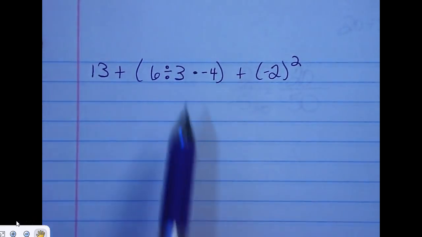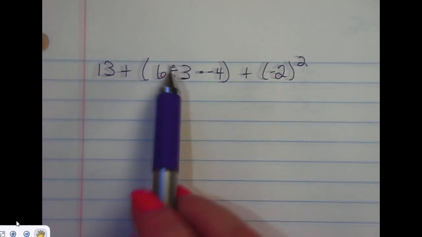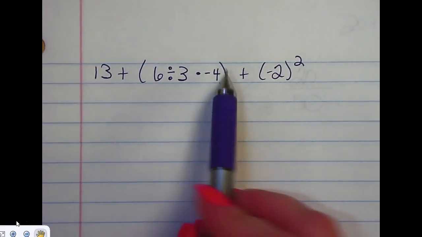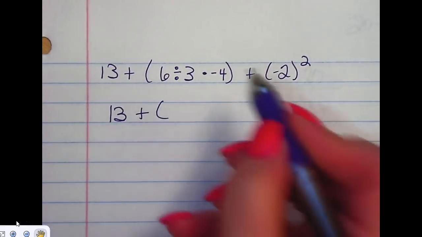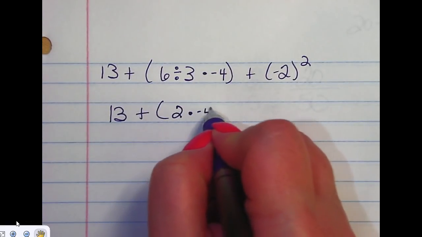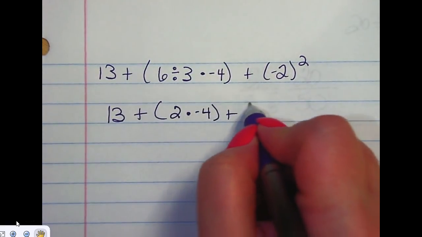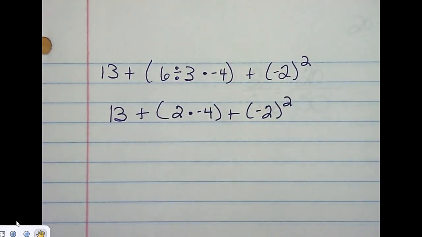So in the parentheses, we have divide and multiply. Which one comes first? Divide comes first because we're going to work left to right. So 13 plus 6 divided by 3 is 2 times negative 4 plus negative 2 squared. So we still have parentheses.